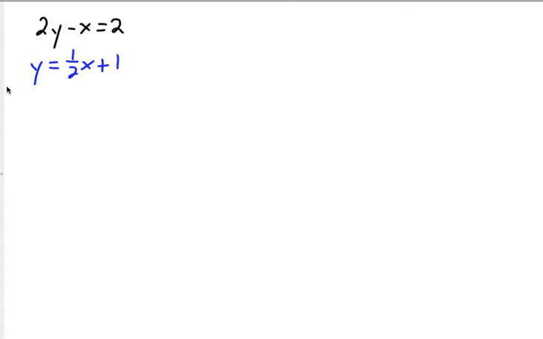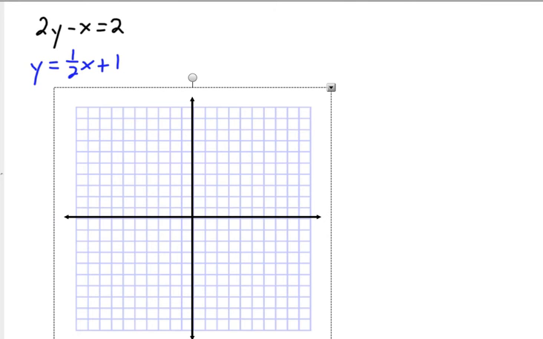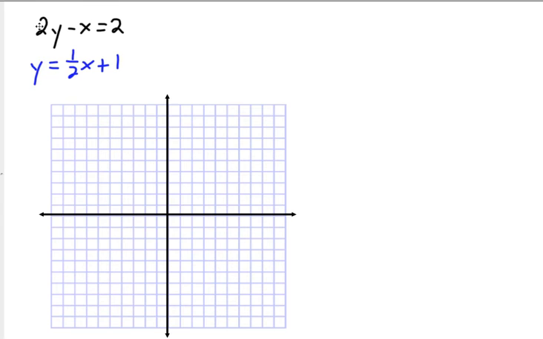So I have two more equations here. Let me grab a graph. Okay, and this first one's not in slope-intercept form. I could put it in slope-intercept form if I wanted, but what I'm going to do is just use an XY chart.